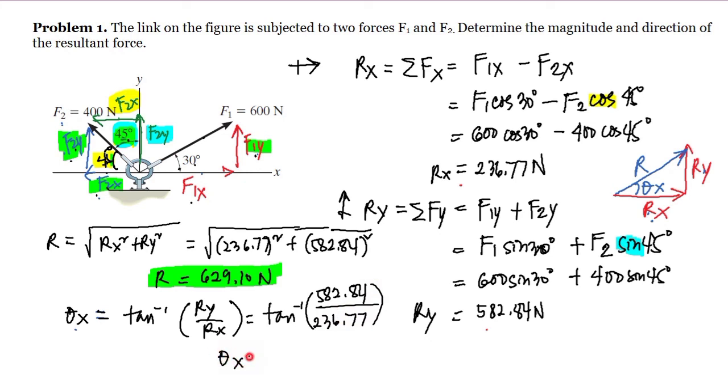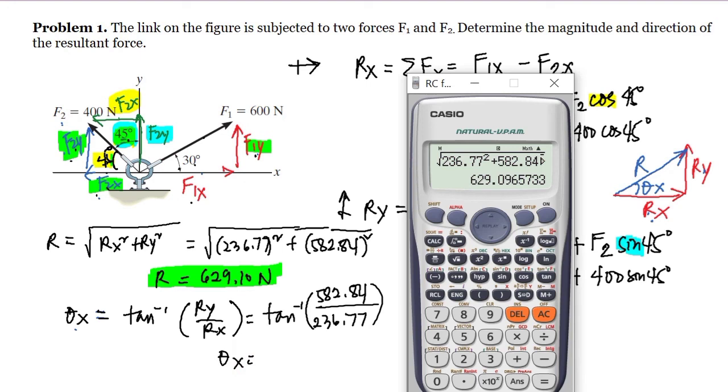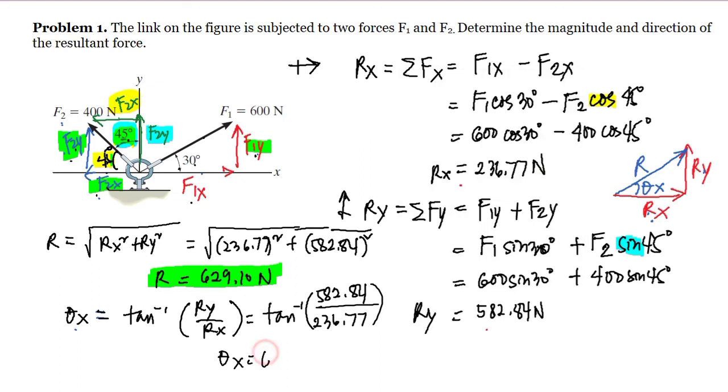Now computing for theta x, we have the arctangent of 582.84 over 236.77, and we have 67.89 degrees. This theta x is our answer for the direction of the resultant force.